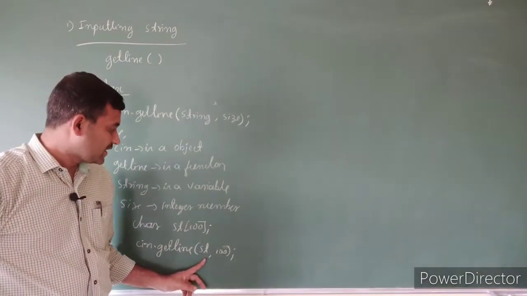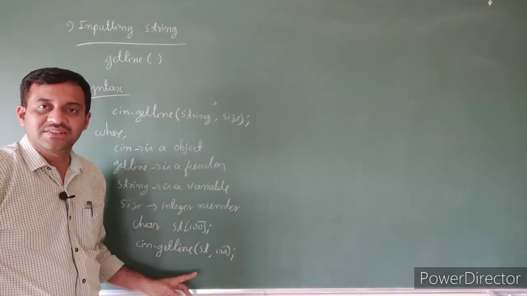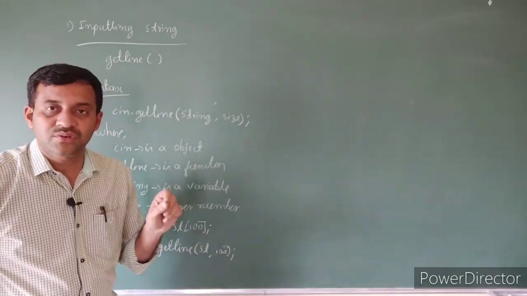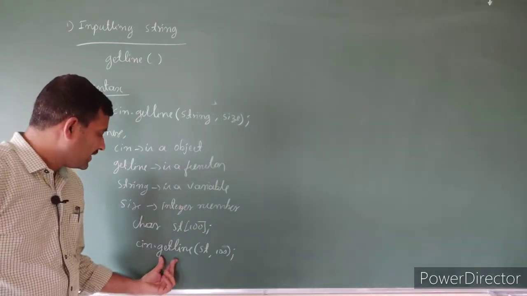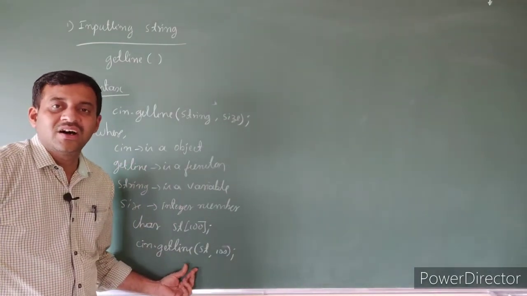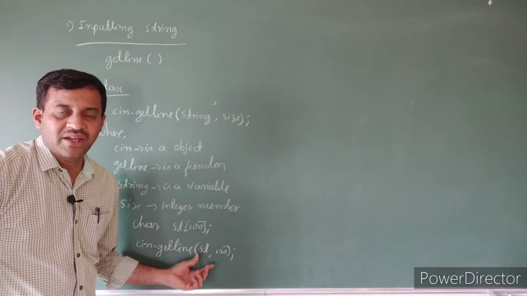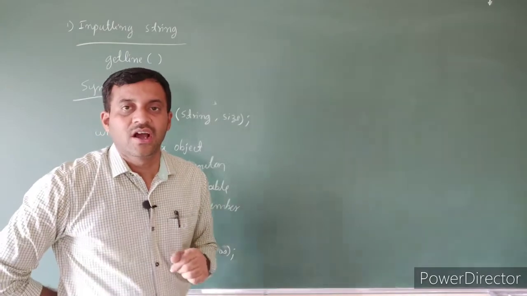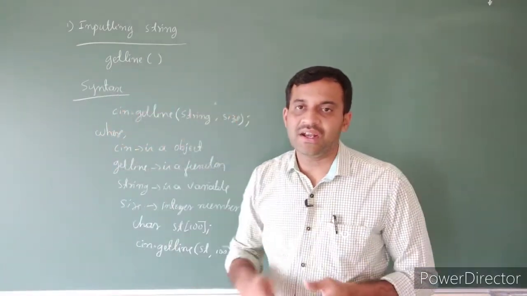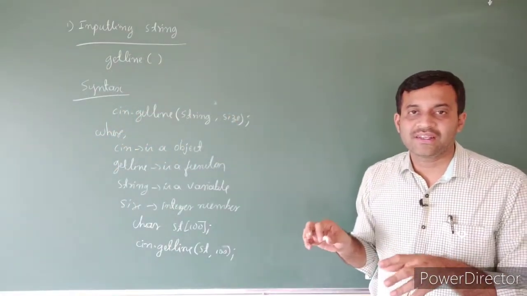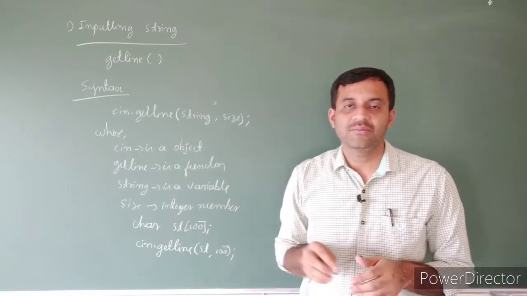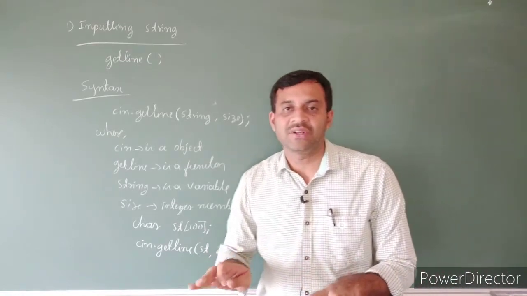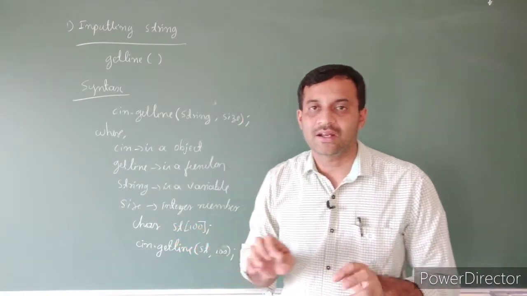See here, st is a string variable, 100 is an integer number, always a positive integer number. Then the function getline reads 100 characters into the variable st, or it automatically terminates when a new line character is entered. Here new line character means if you press the enter key, then the reading process automatically terminates.